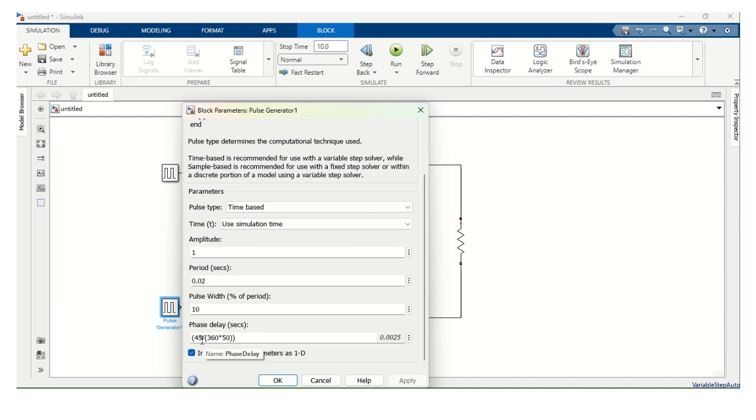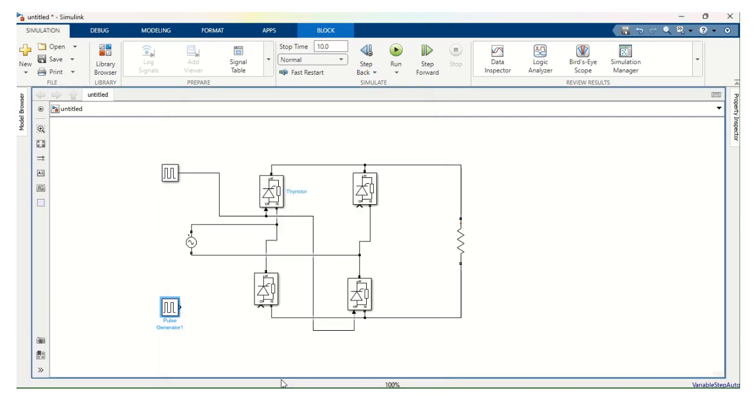Pi plus 45 means 180 plus 45. That is 225. So 45 becomes 225. Apply OK. This one we are going to give it to this thyristor and this thyristor. So we have given gate pulse for all the thyristors.